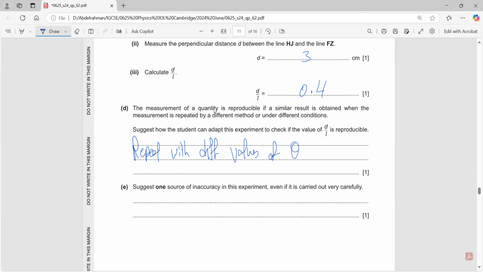Instead of 60 degrees, we can write 20 degrees, 30, 40, 50, 70.